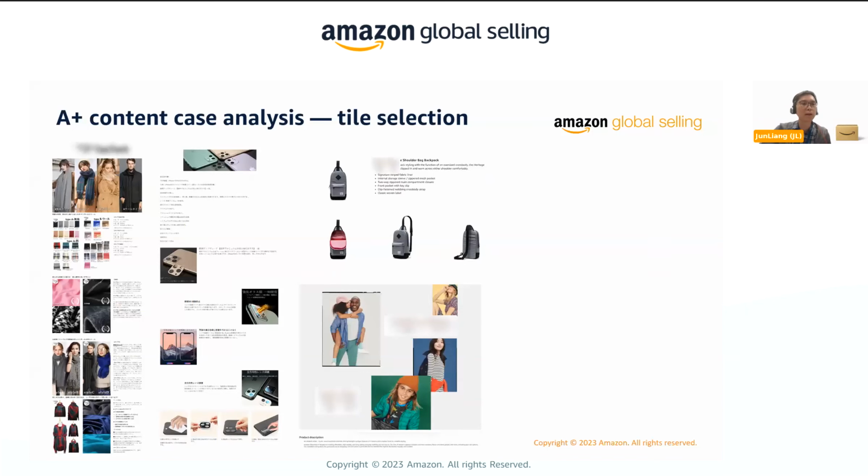All right, next, let's take a look at the content case analysis that we see here. So what do you think? Do you think this is a good one? Are they showing the right information? Is it too many or too few? Are they using the mix and match of the styles correctly? Is there too much white space, etc.? This is something that you can think of when you're trying to create your A+ content on your listing.